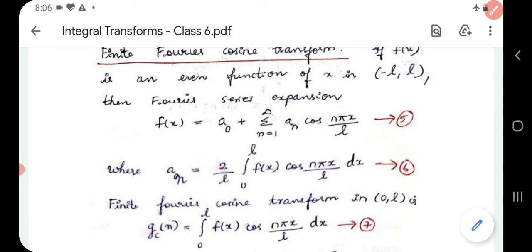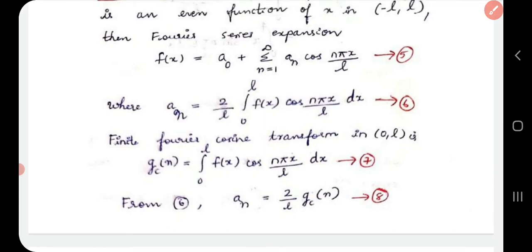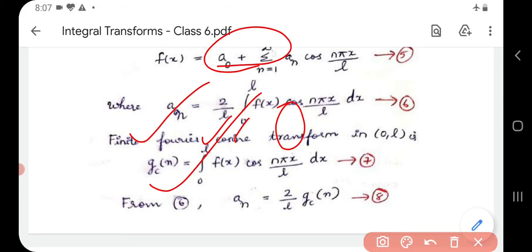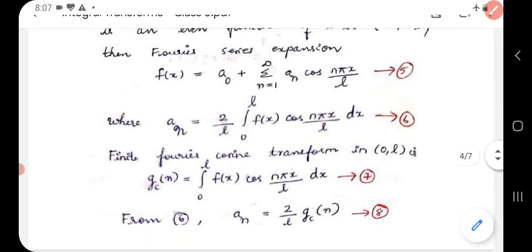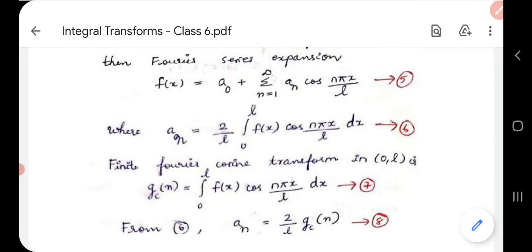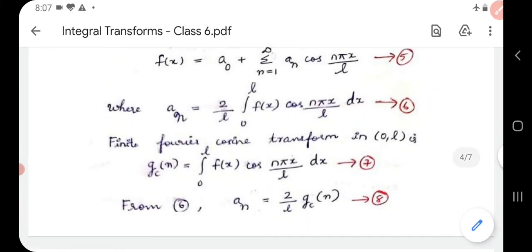Now as before, the finite Fourier cosine transform in the interval 0 to L is given by GCN, because it is cosine, equal to integral 0 to L f of x cos n pi x by L dx. That is equation 7. Now from equation 6 we can write this integral term as GCN.